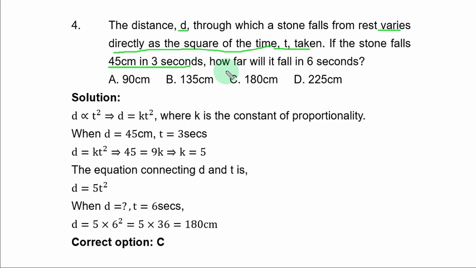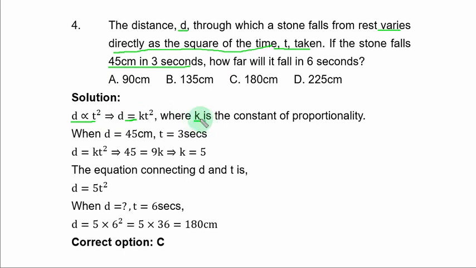This problem is direct variation, so you have D varies directly as t squared in this form. In variation, we always do away with the symbol of variation and introduce equality sign. As you are doing that, you also introduce the constant of variation to multiply the variable in the right hand side. So K is a constant of variation or proportionality.